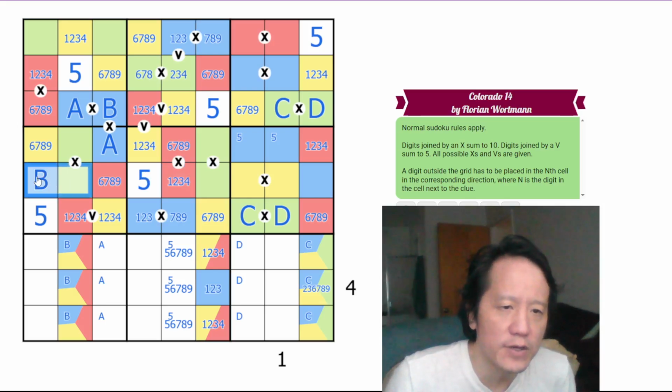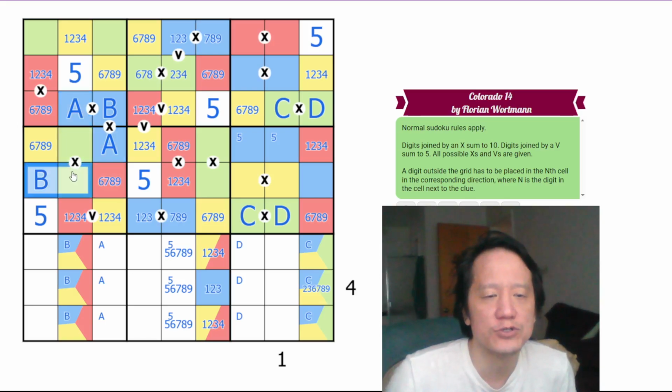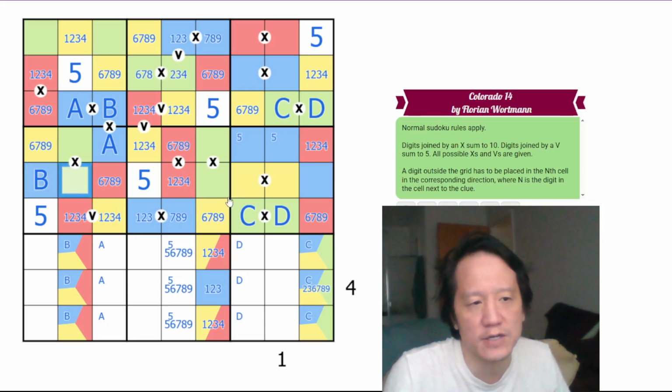Yeah, these have to be opposite sets of low and high, right? If they weren't, say these were the same set, so say this was 6, 7, 8, 9, and this was 6, 7, 8, 9, that would force these to be 1, 2, 3, 4, and there would have to be a V in between them. Or say these were 1, 2, 3, 4, then there would have to be a V in between them. So these have to be opposite sets.